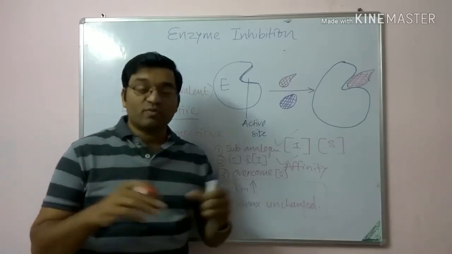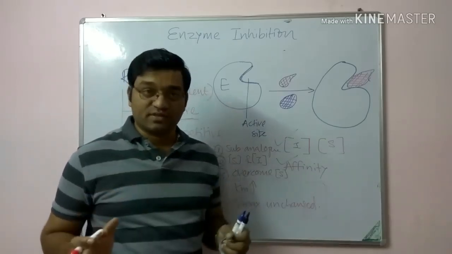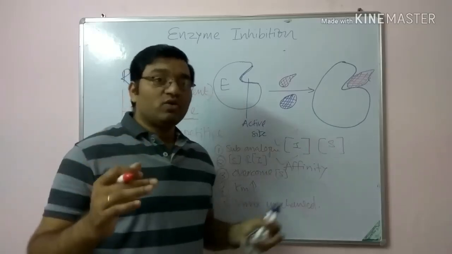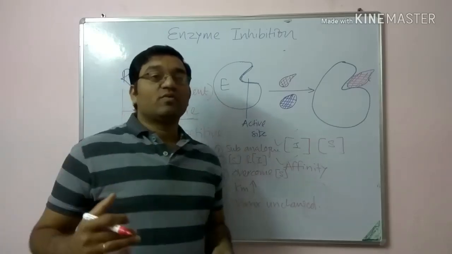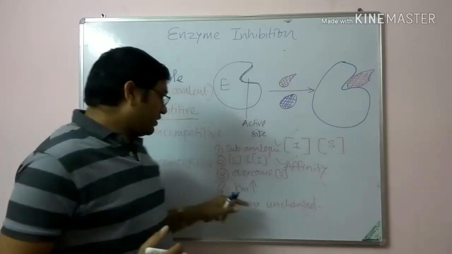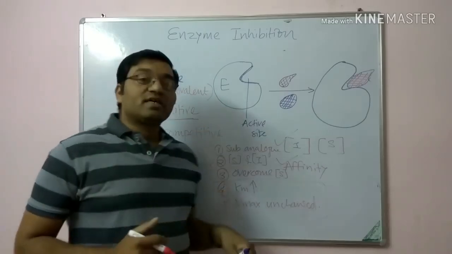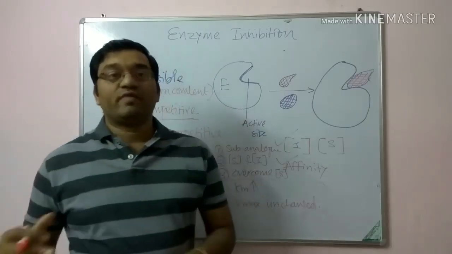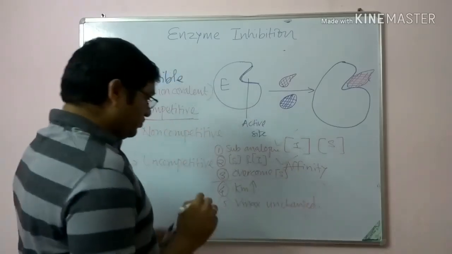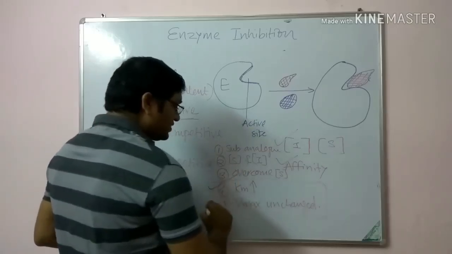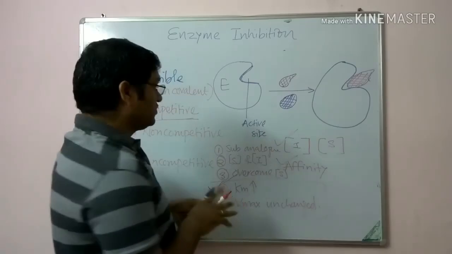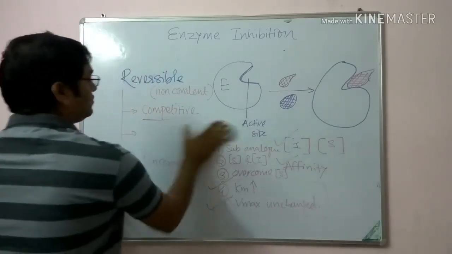It denotes the strength of association between enzyme and substrate. The higher the Km value, the lower the affinity of the enzyme towards the substrate, and the lower the Km value, the higher the affinity of the enzyme towards the substrate. So the MCQ part is, in competitive inhibition, Km value increases and Vmax remains unchanged. We'll plot a graph.